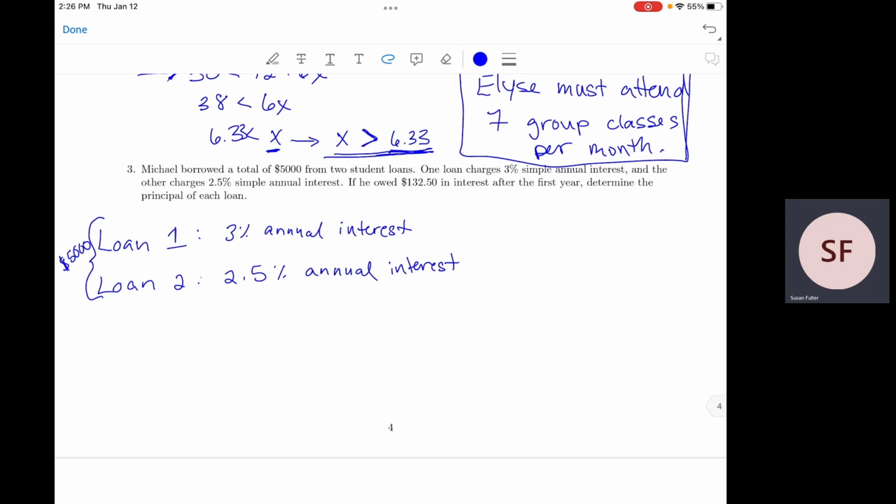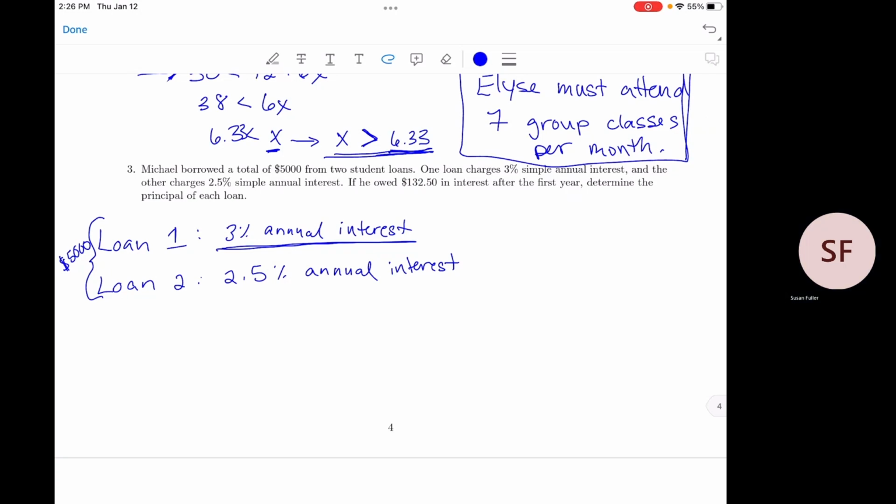How does simple interest work? This 3% annual interest, how does that work? Interest is basically a charge that the bank charges you to use their money.